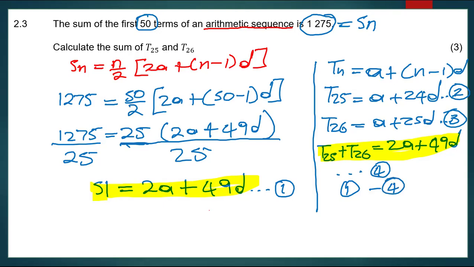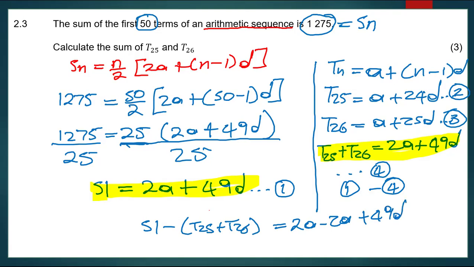What will I get? I will get 51 minus T25 plus T26 is equal to 2a minus 2a plus 49d minus 49d. Interesting, isn't it?